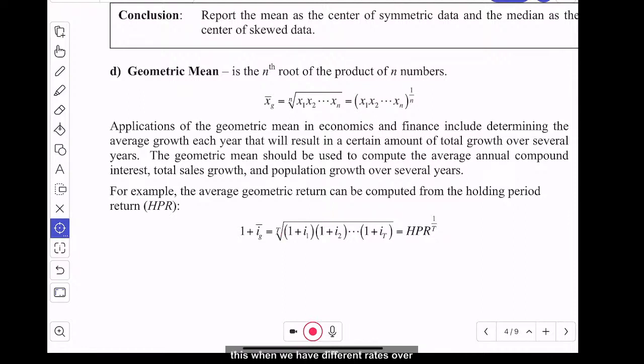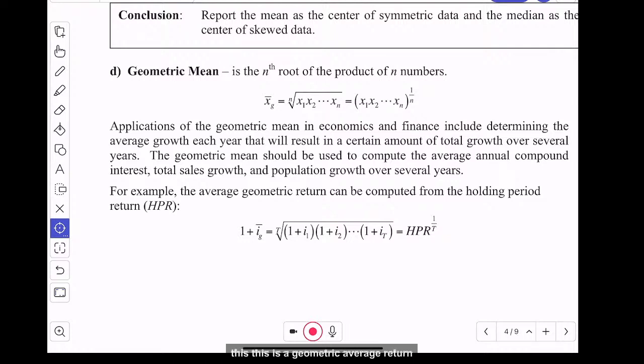So we're going to talk about this when we have different rates over time. If you wanted to know the return on an investment after 1 year with one rate, but then the rate changes, then this would be after 2 years with a different rate, up to T different years with T different rates. This would be the accumulation over that period, the holding period of that investment. And you could calculate the average by multiplying those and taking the Tth root.